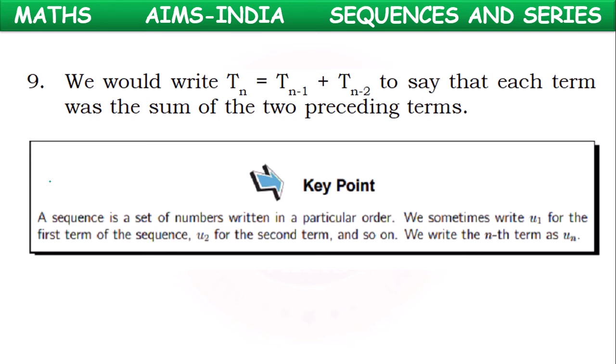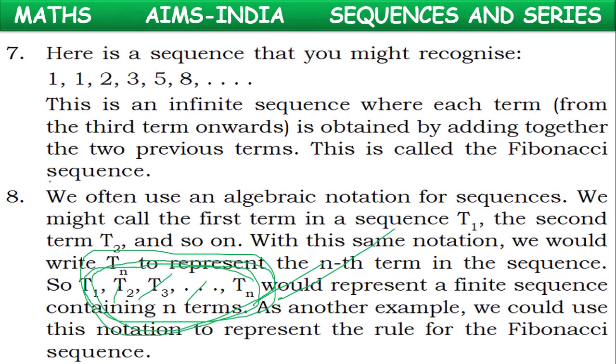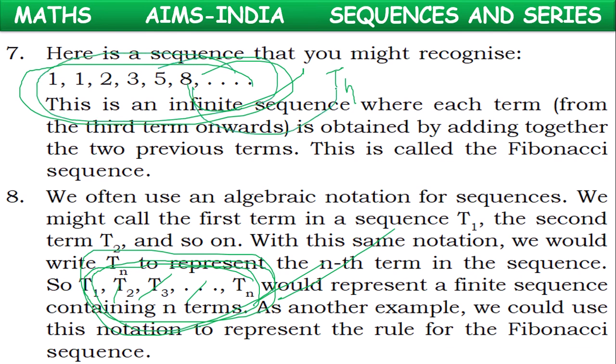Suppose here, if you take this, 8 is the nth term. So this is a Fibonacci sequence. Here, suppose 8 is the nth term, then what is the relation between the terms in the Fibonacci sequence?